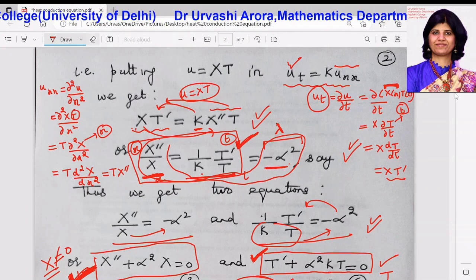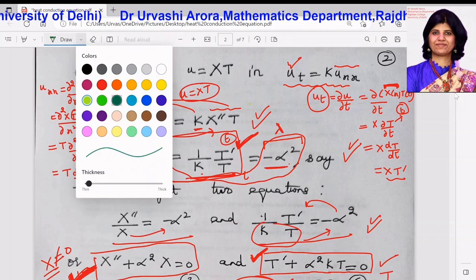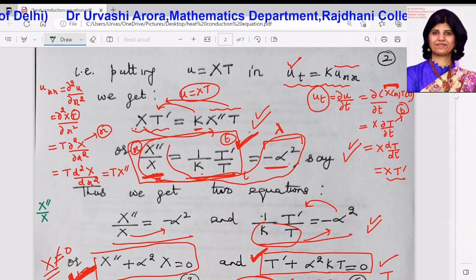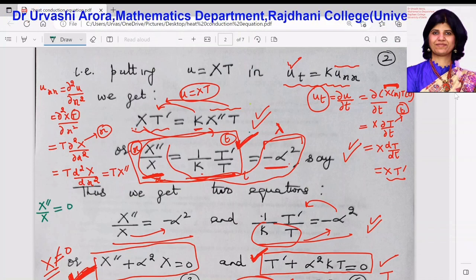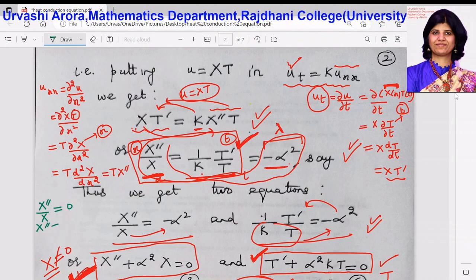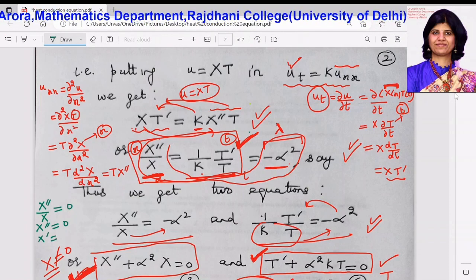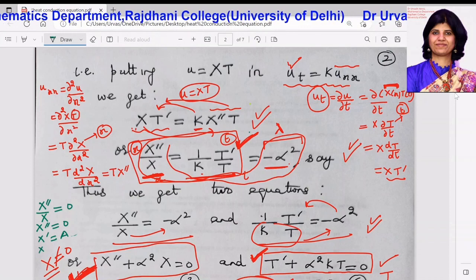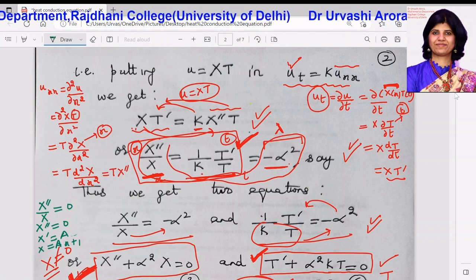So here suppose I take alpha as 0. Then X double dash by X is equal to minus alpha square, so this would be equal to 0, which means that X double dash would come out to be equal to 0. If you integrate, you have X dash equal to a, and if you integrate again with respect to small x, you get X is equal to ax plus b.